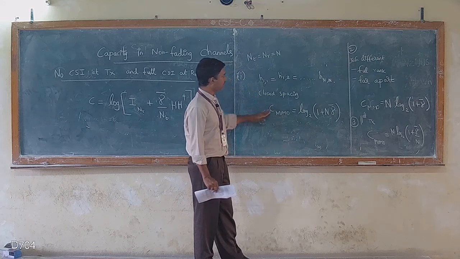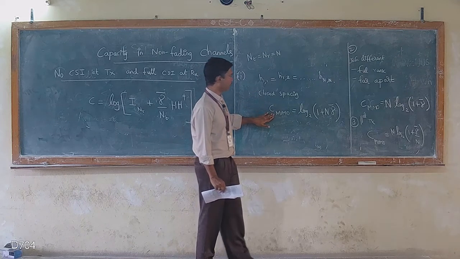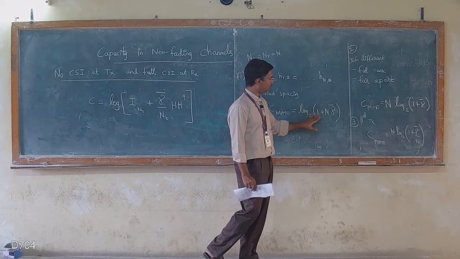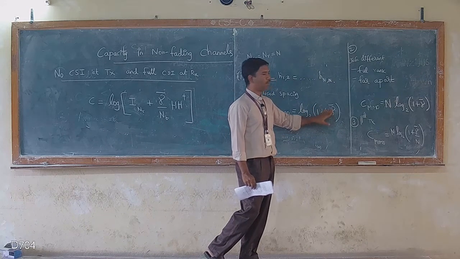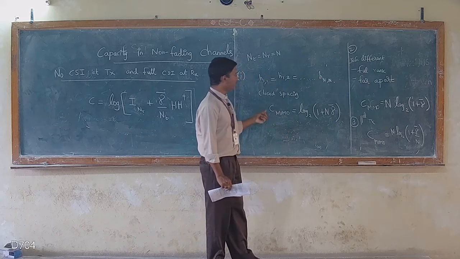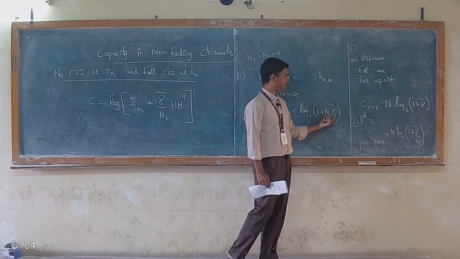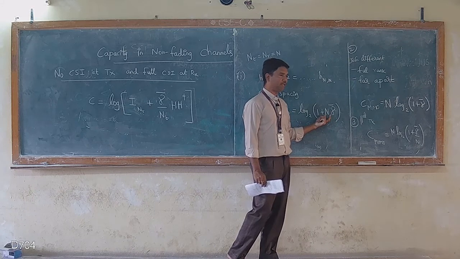In that case, the capacity of the MIMO system is written as log 2 of 1 plus n into gamma dash. It means the signal to noise ratio is increased by times n.